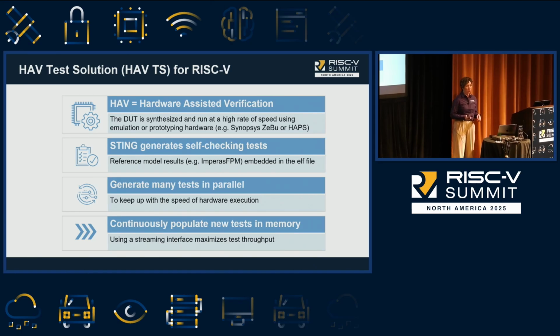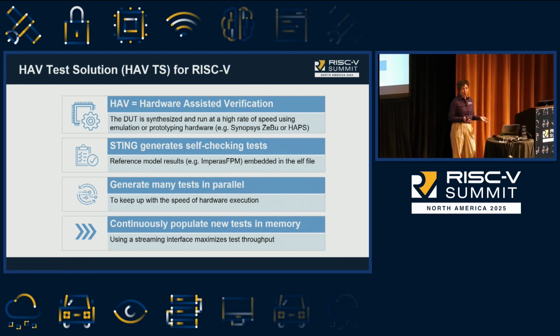Right? So we actually need many copies of Sting running in parallel and a solution to be able to stream the test data into the memory on the hardware platform such that the hardware is never idle and waiting for tests, but executing continuously in a cycle of test generation, execution, and checking.